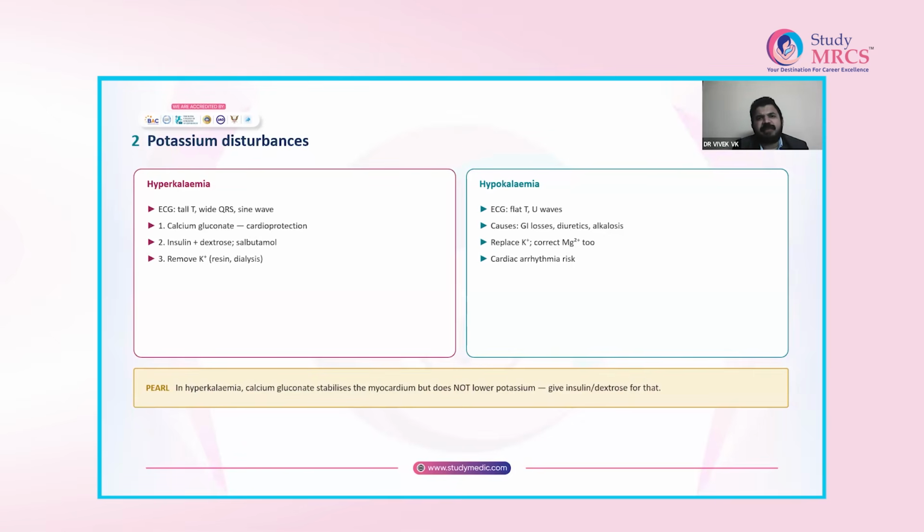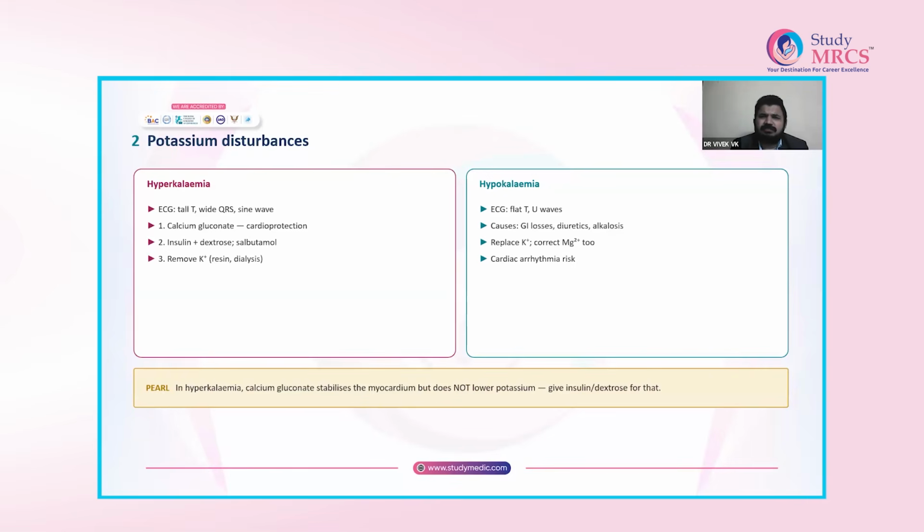So regarding hypokalemia, on the ECG the T wave will be flat and the U waves appear. So what could be the causes of hypokalemia? The potassium can be lost through the GIT or the extra GI way. So how will you replace potassium?